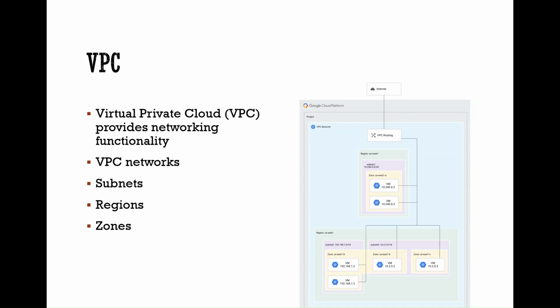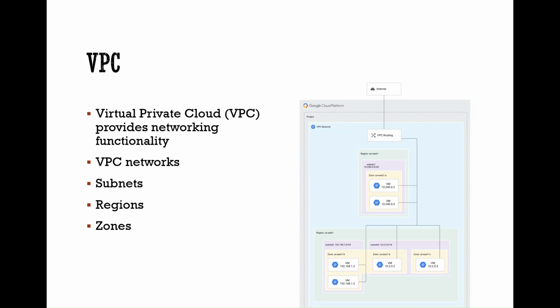This provides you the ability to segregate your workloads, environments, databases, compute engines, and any other infrastructure services that you have created. It gives you isolation, and the ability to make any network public or private. So it gives you a whole list of combinations that you can create using VPC networks.